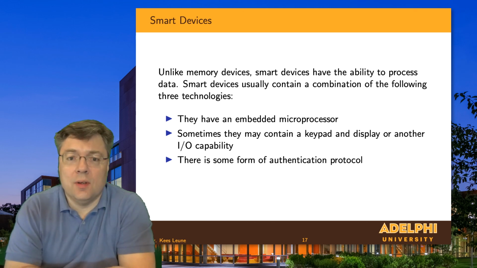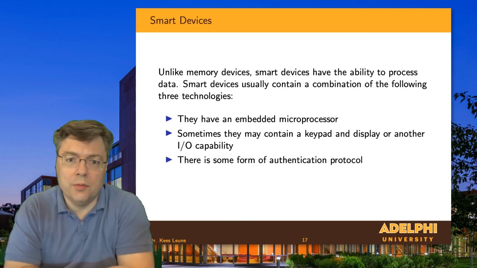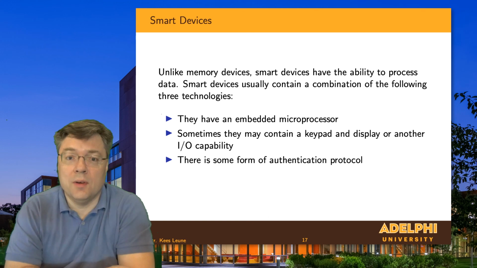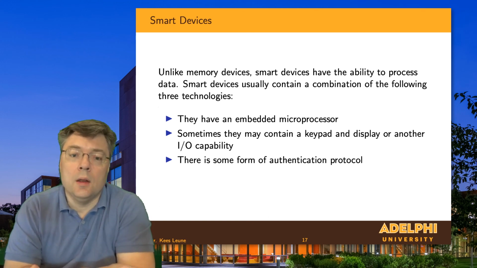Smart devices have a microprocessor built into them. That makes them more expensive, but it also makes them harder to copy. Still possible, but not as easily as a memory device. And so that means that all the same arguments hold for smart devices as they do for memory devices, with the exception that copying is a little harder.